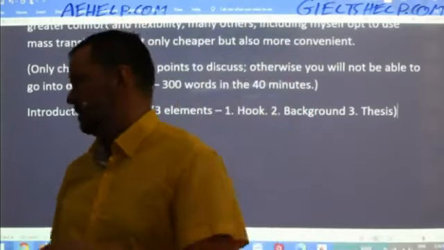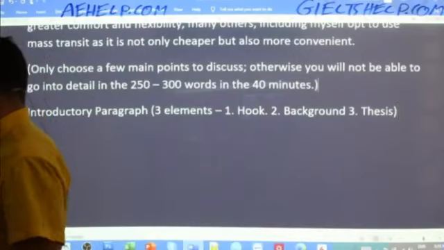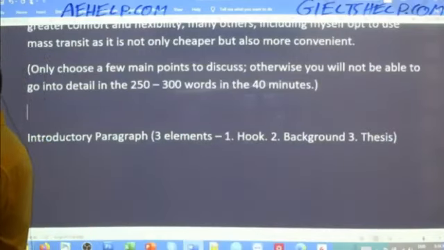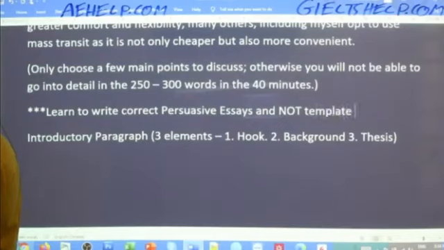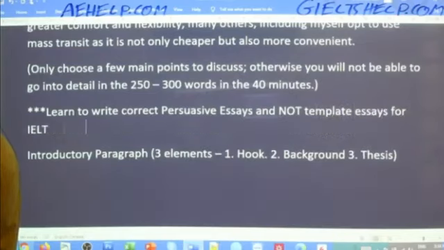Okay, I think that's probably one of the smartest things I've summarized so far. So I'm going to write that up here. Learn to write correct, persuasive essays and not template essays for IELTS. I think I can make that into a t-shirt.